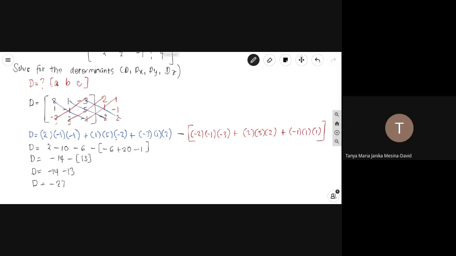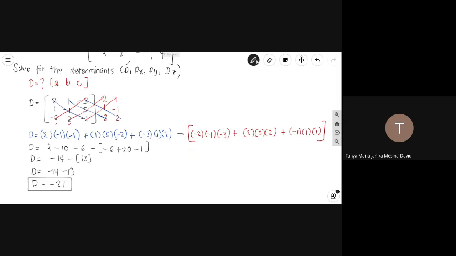So we already have an answer for the determinant D, and that is negative 27. I'll put a rectangle here, inside a box, so that we will not miss it later. So we're done with D.